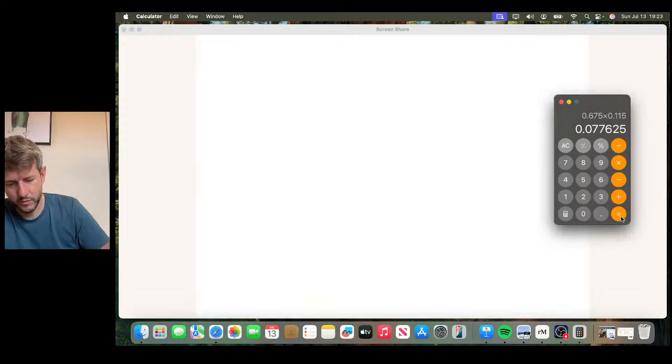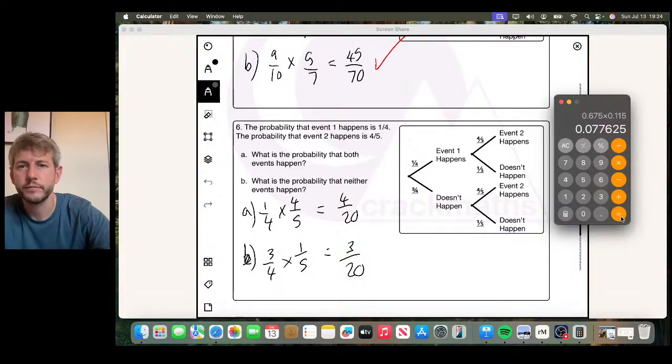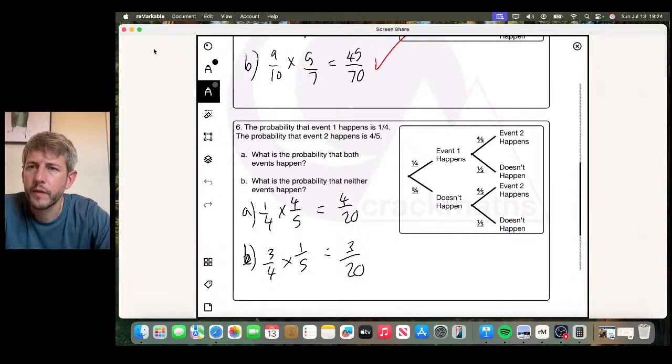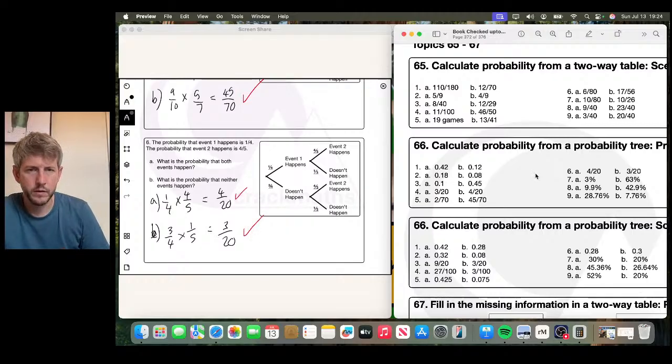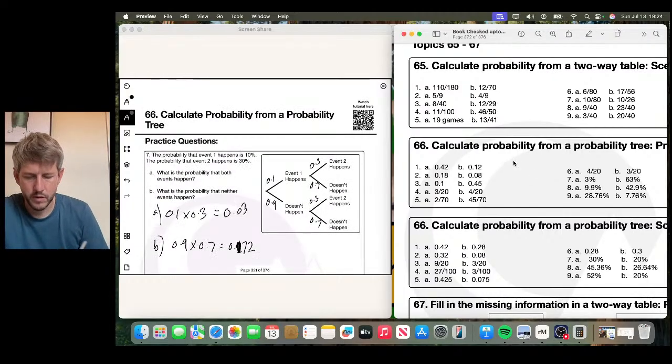Here we go. We're starting from question 6. Okay, so 4 out of 20, 3 out of 20. And then we've got 3%, 63%. Okay, yeah, that's fine.